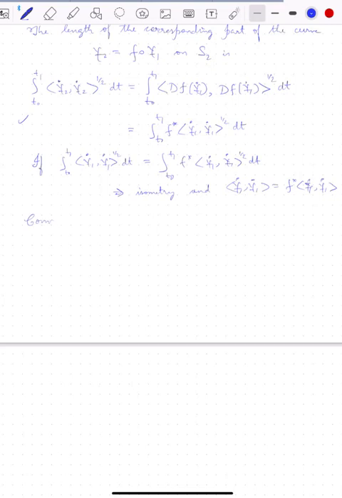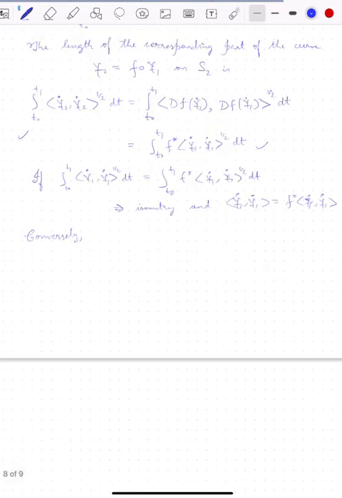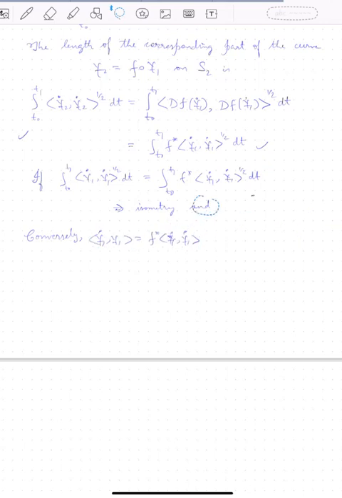So here conversely, what happens is, suppose these two integrals are the same, this one and this, then of course this holds. The integrands have to be the same.